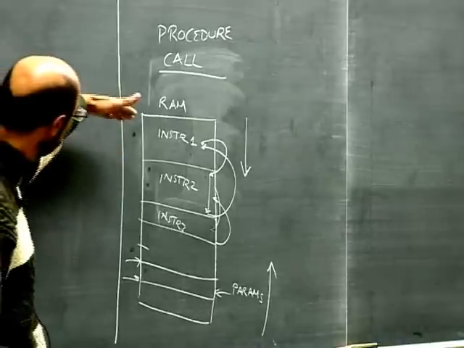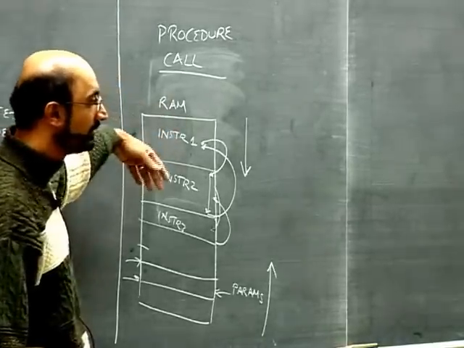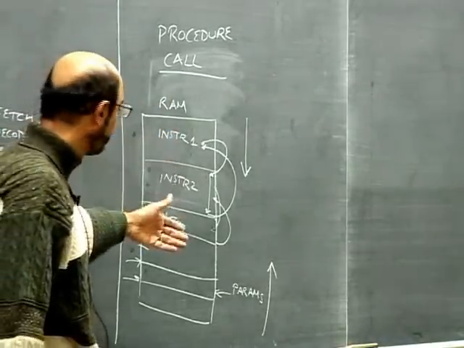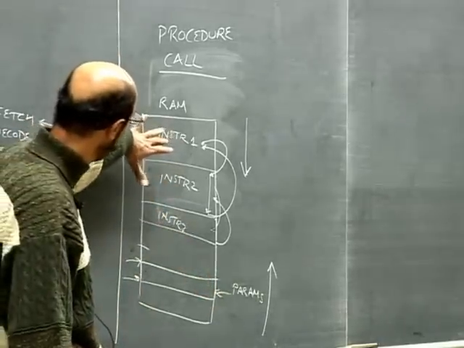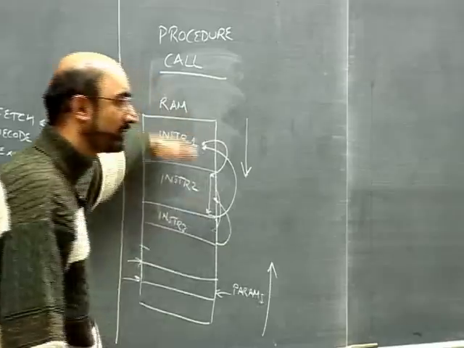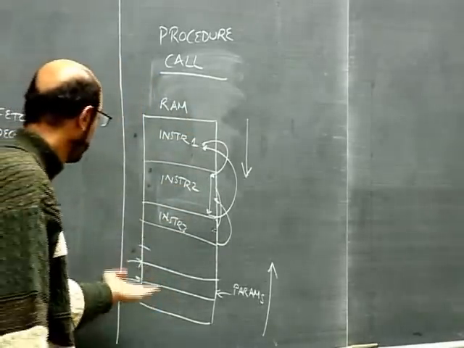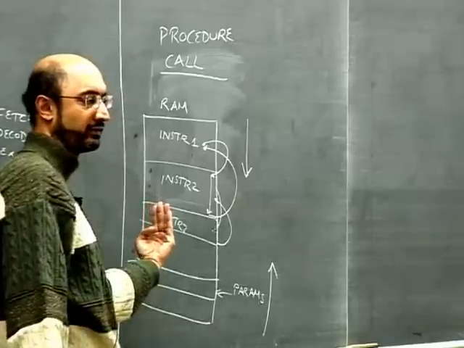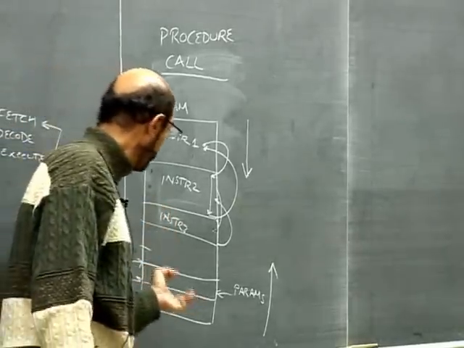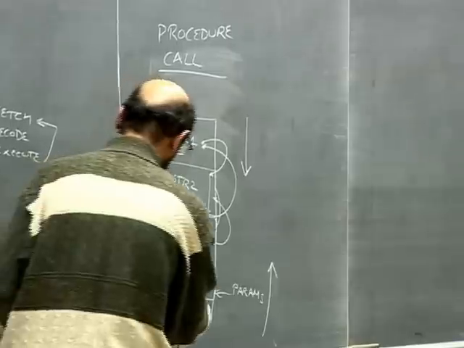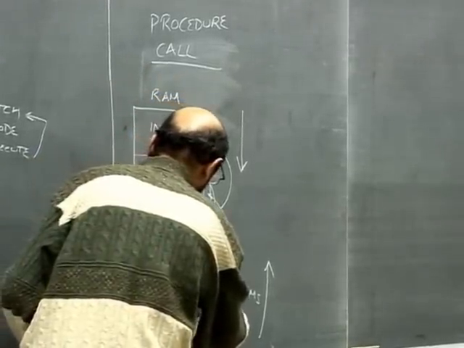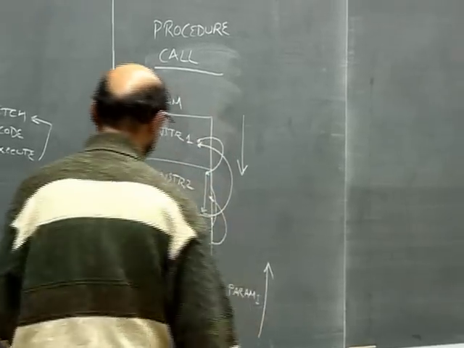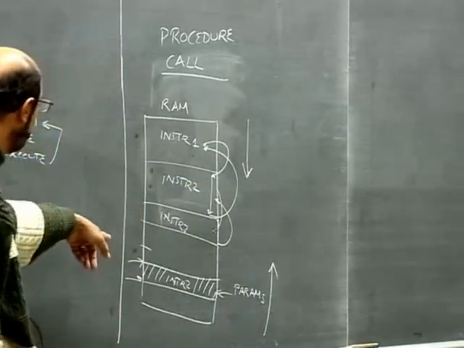In this case, I'm showing you the instructions. So whenever you want to make a procedure call, the compiler is going to create the instructions and lay them out in memory from the top going down. And then when the stack is growing, it grows up. The important part is to realize that this space over here is private to instruction 2, the set of instructions for the procedure called instr2.